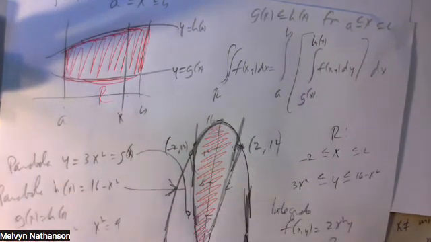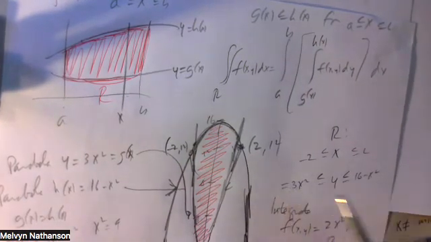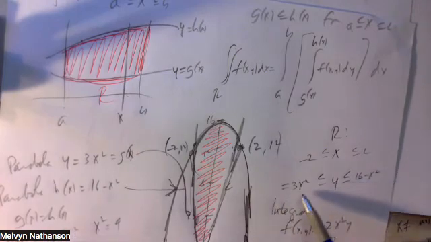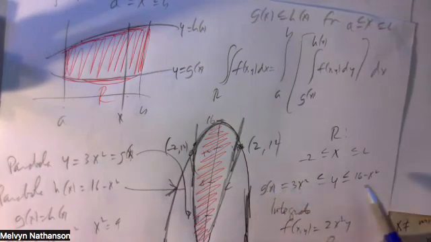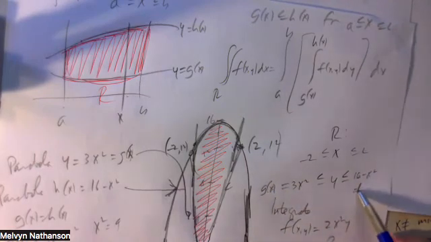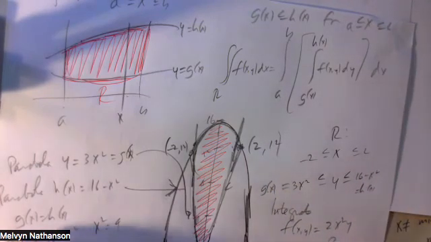So the bottom is the function 3x squared. The top is the function 16 minus x squared.